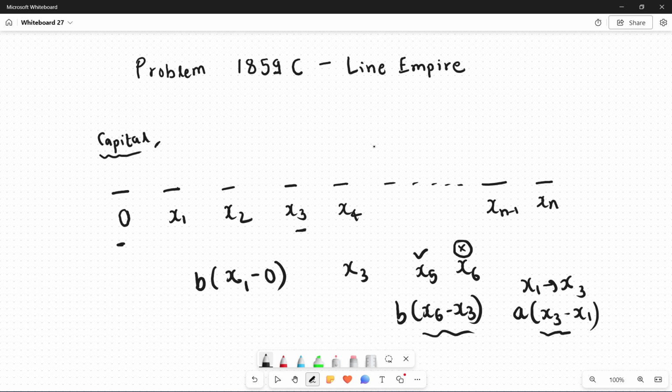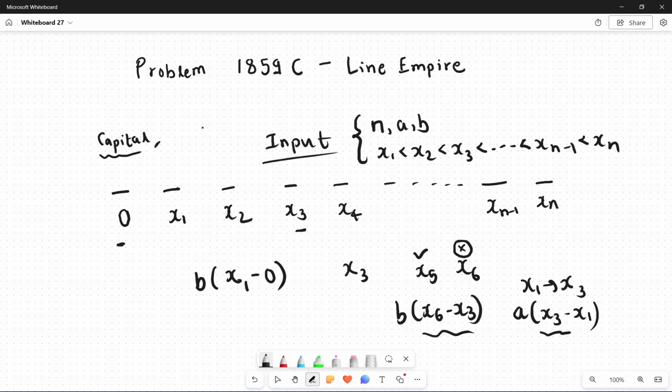And n, a, b, and these x1 less than x2 less than x3, and so on up to xn, will be given as input, and we need to find the minimum cost to conquer everything.